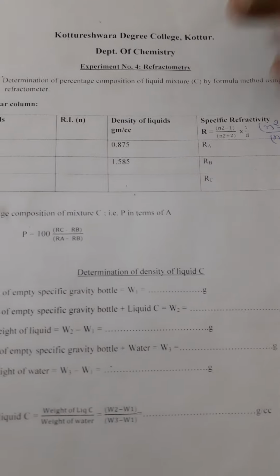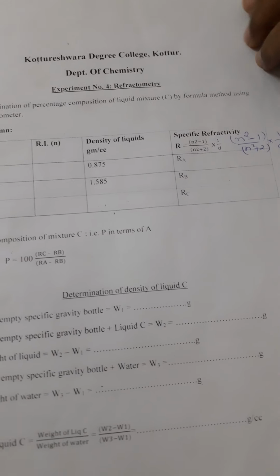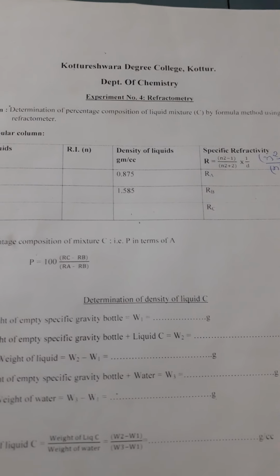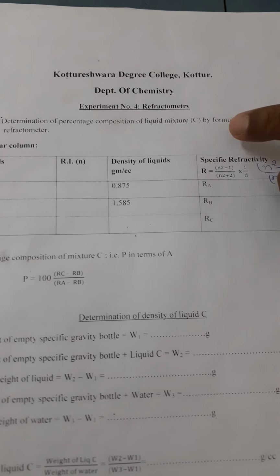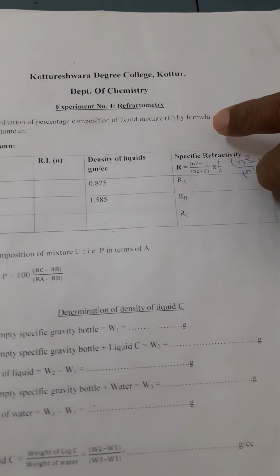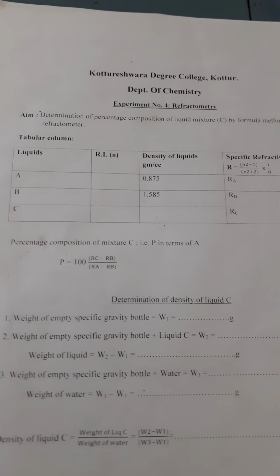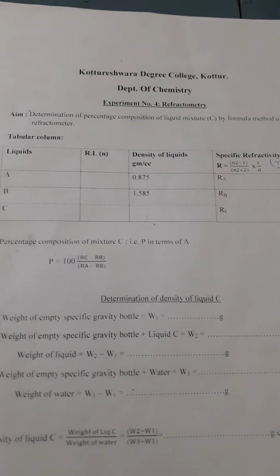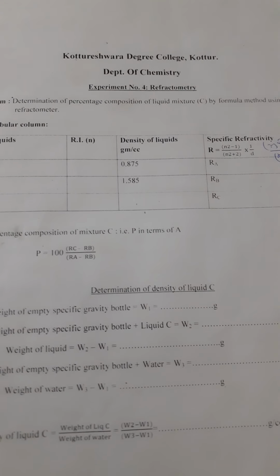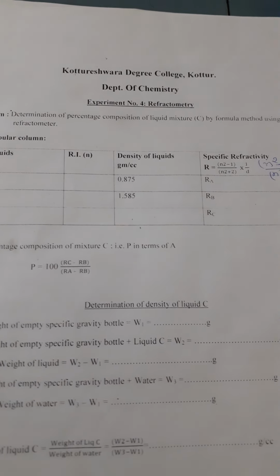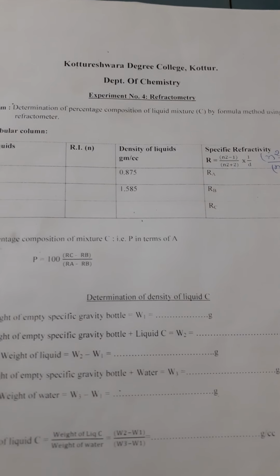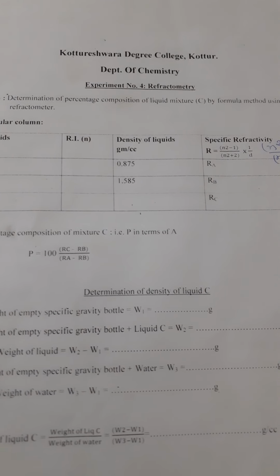Today, I would like to explain how we can determine the percentage composition of a liquid mixture by using a refractometer with the help of a formula. Hence, this method is called the formula method for the determination of percentage composition of a liquid mixture.